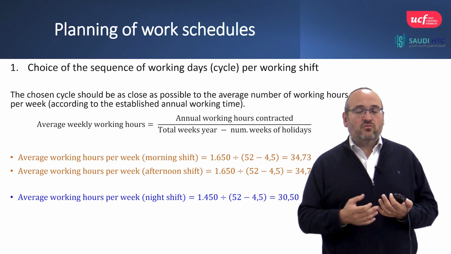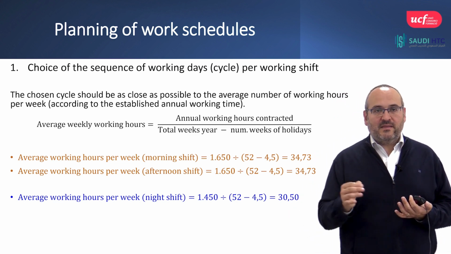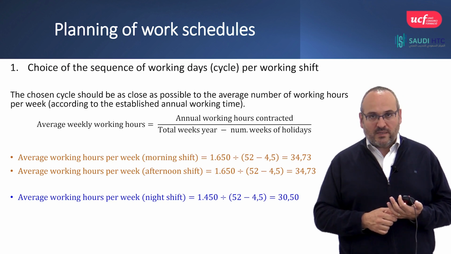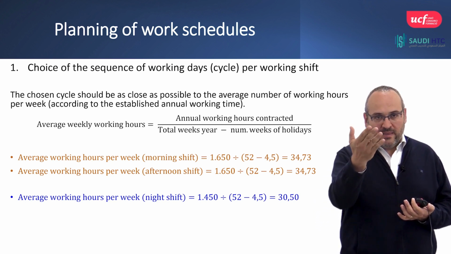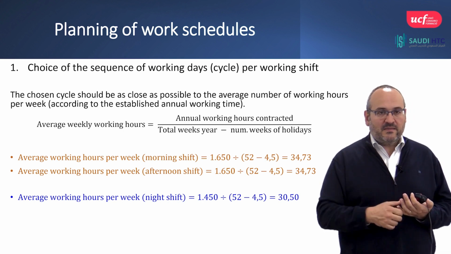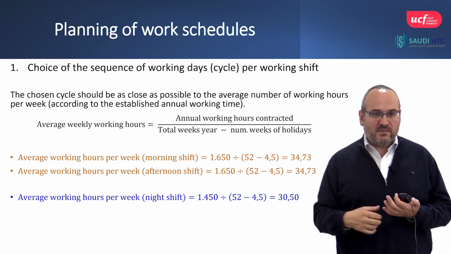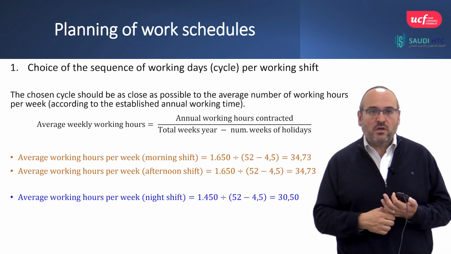Therefore, we take it into account in the operation. That will mean that in a day shift, a person would ideally have to work 34.7 hours, both in a morning and afternoon. For night shift, the working day is 30.5 hours.